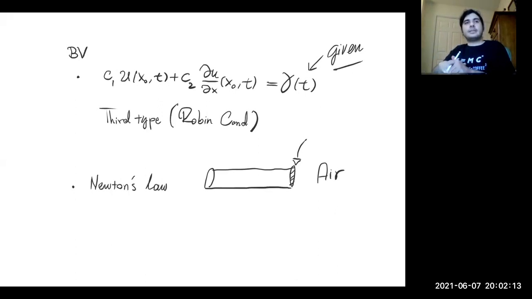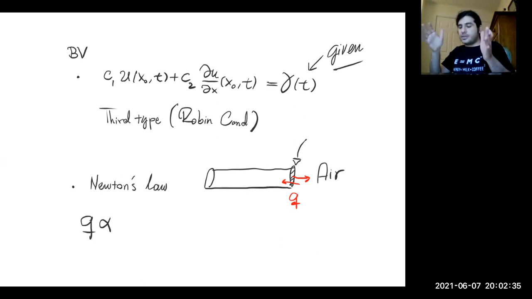The point is that when we are in this situation, we would still have flow. For example, if u was showing temperature, we can have heat flow going out or coming in. If we show that with Q, that Q depends on how much the temperature differs between, for example, the air and our bar at this point.